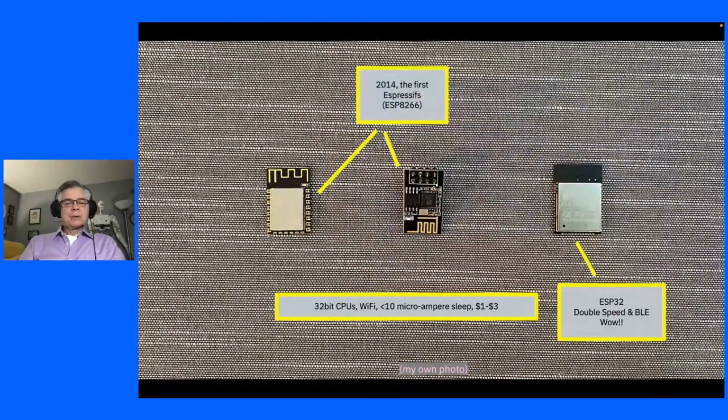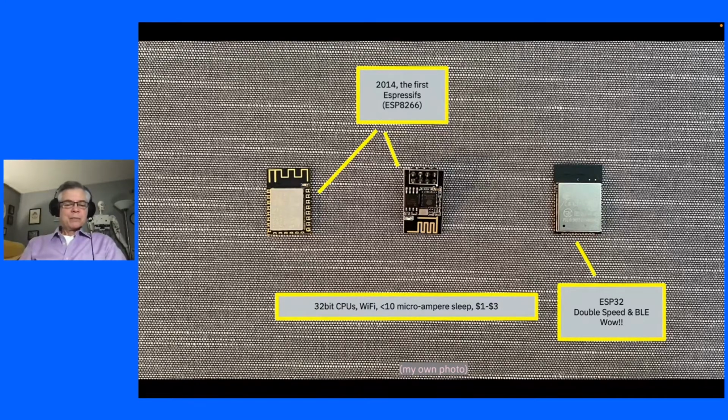Then in 2014, it really took off with these little devices from a company called Espressif. And these are about $1 at retail, and they have 32-bit CPUs, and they're able to go to sleep at less than 10 microamperes, which means that you can take a couple of AA batteries and run this thing for a year.